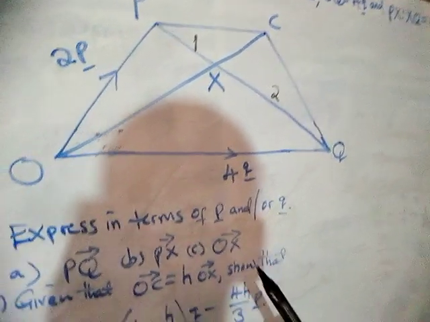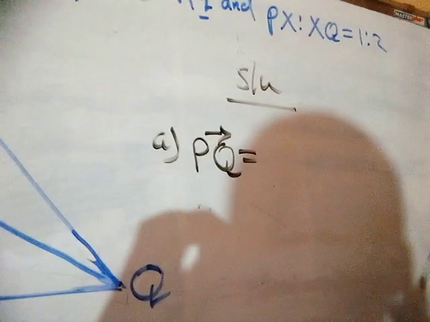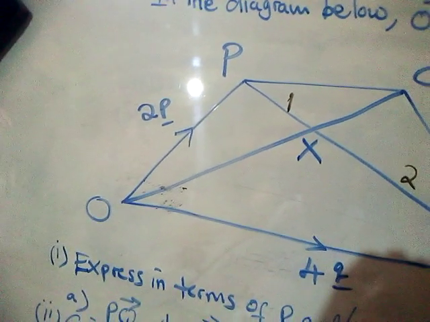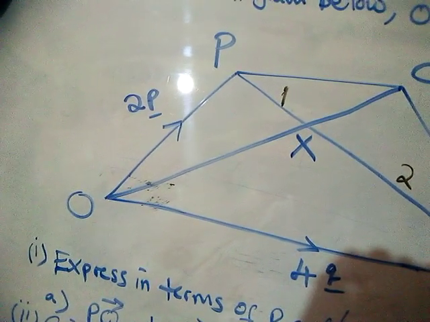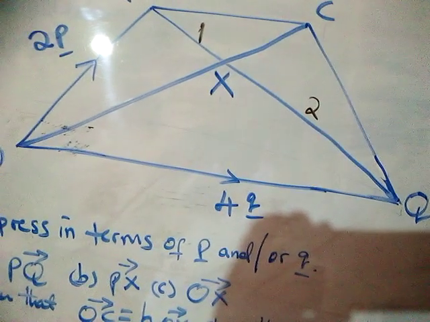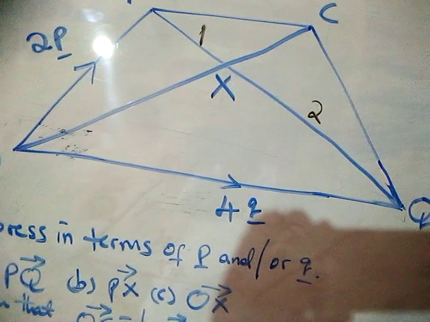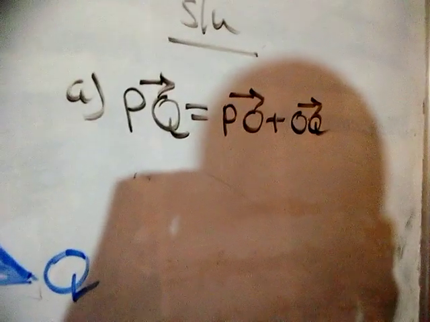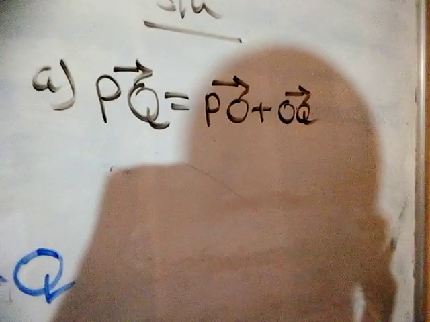Okay, let's get started. Vector PQ will be given as vector PO plus vector OQ. So the expression will be like this: vector PQ equals vector PO plus vector OQ, right?